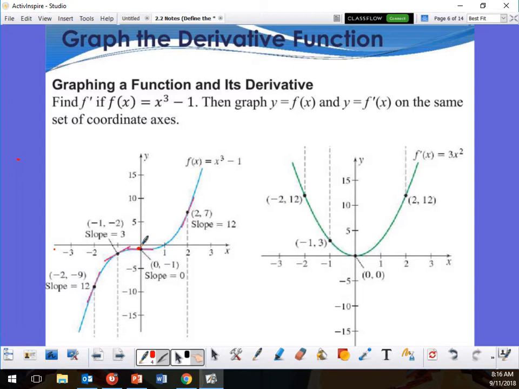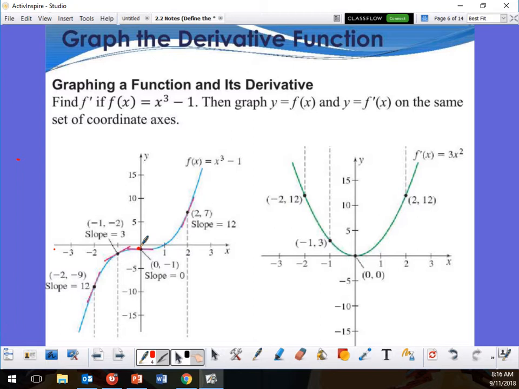No. So my graph of my derivative is this green one right here. Everything is a positive number. So my derivative at -1 is 3, so the slope at -1 is 3. The slope at -2 is 12.